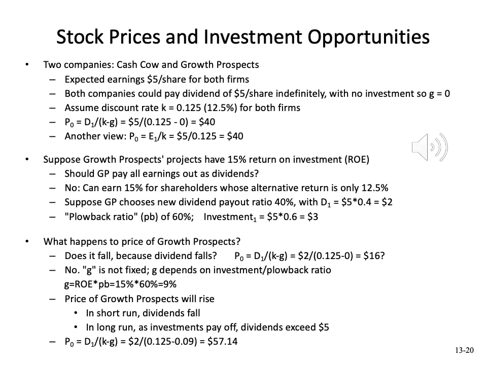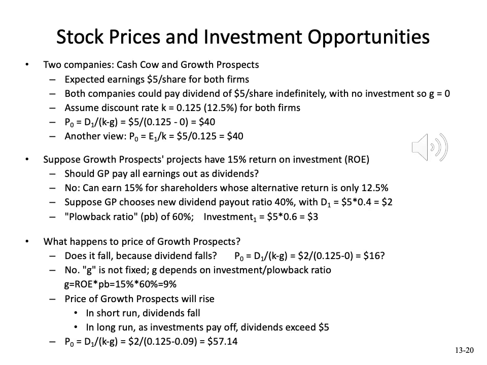Well, first of all, we know we cannot directly plug in the numbers in our old formulas. So $2 new dividends divided by K, 12.5% minus G, which is 0, equals $16? No, because G is not a fixed number. G depends on our investment and plowback ratio.